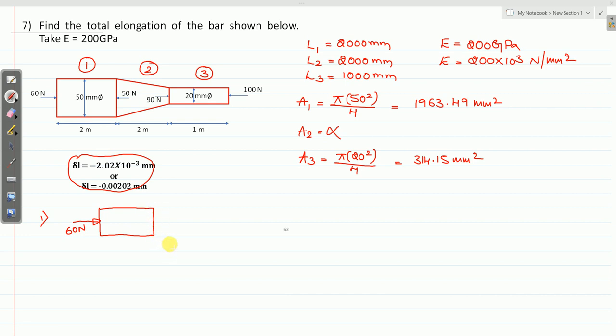See here, you have minus 50 plus 90 minus 100. The forces which are moving towards right are taken as positive. The forces which are moving towards left are taken as negative. So you will get minus 60 Newton here. The minus sign represents the direction of the force should be towards left. So 60 Newton.